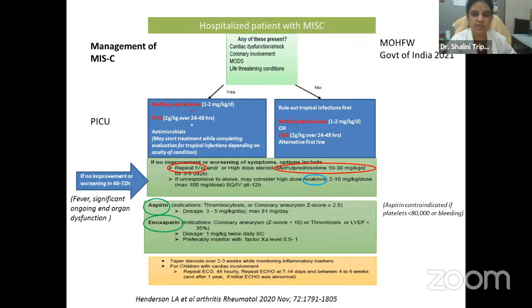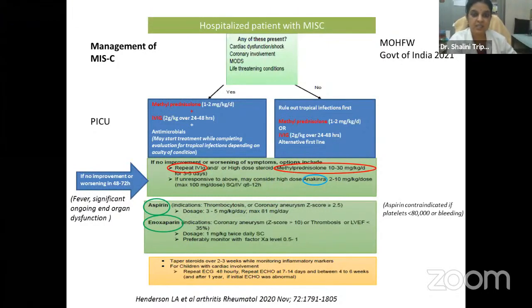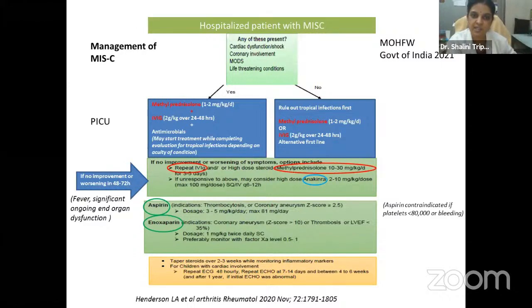So this is a chart taken from the Ministry of Health and Family Welfare for patients who are hospitalized with MIS-C. First, we have to see whether the patient is stable. Does the patient have shock, coronary involvement, cardiac dysfunction, multi-system involvement, or a life-threatening condition?